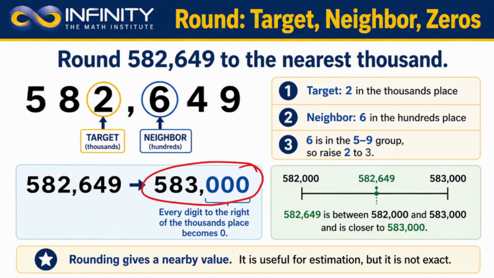This is going to be a great trick, especially when you're trying to do some math in your head and stuff like that. You know, say there's 582,649 people that live in your city. All right, you don't have to be that precise. You could simply say there's about 583,000 people.